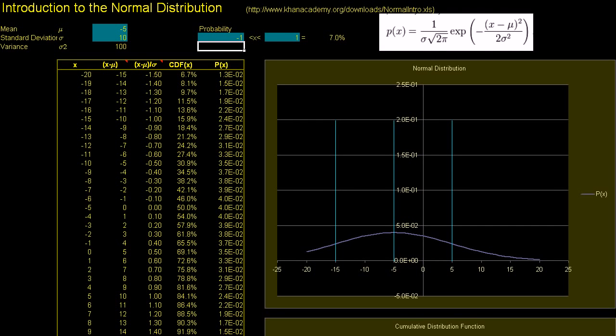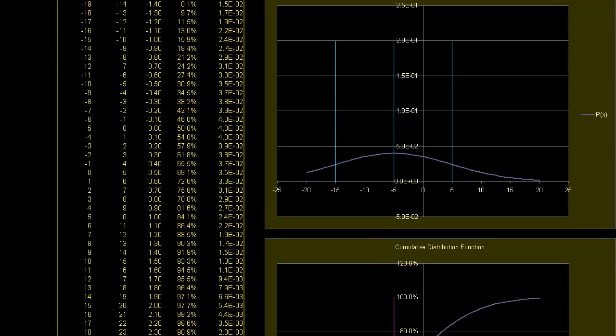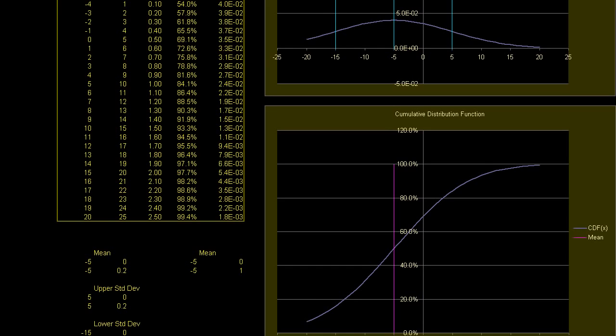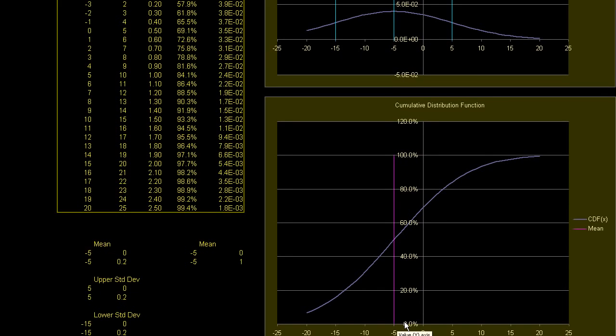Let me scroll down. This might be taxing my computer by taking the screen capture with it. So what I did is I evaluated the cumulative distribution function at 1, which would be right there. And I evaluate the cumulative distribution function at -1, which is right there.